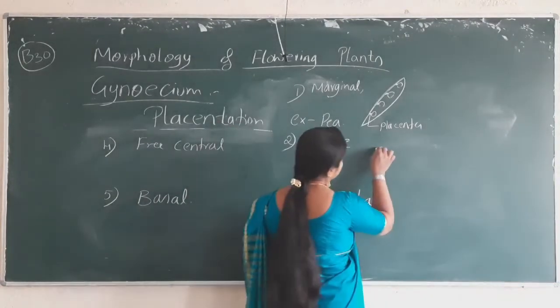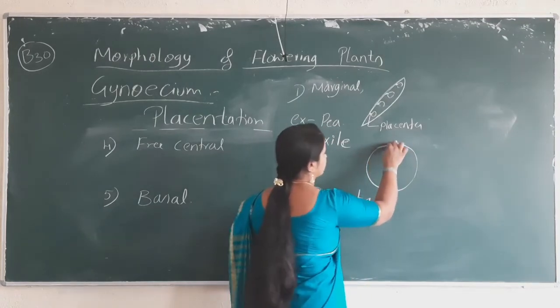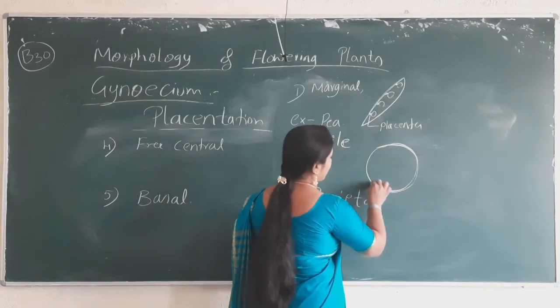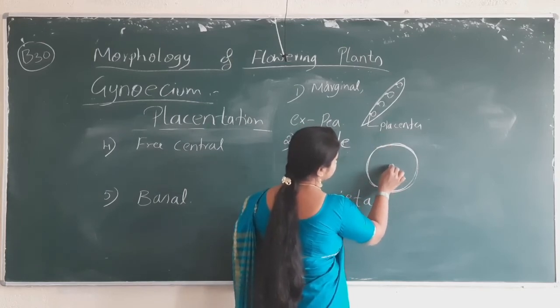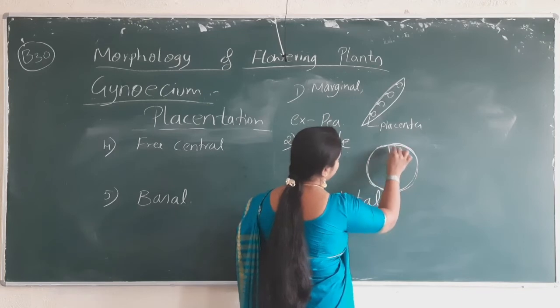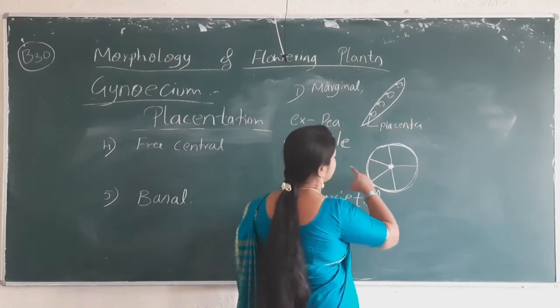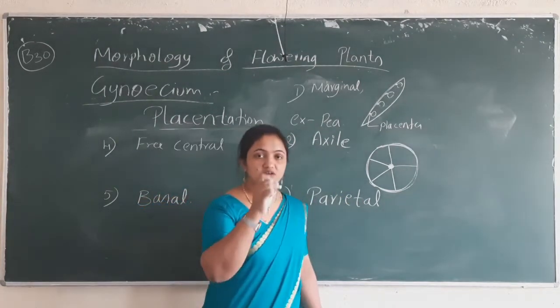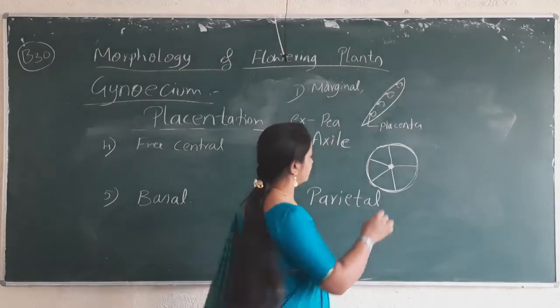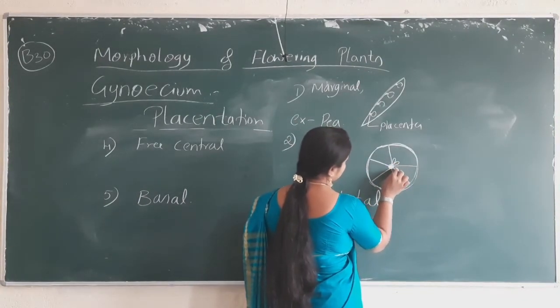Imagine I'm drawing a cut part of the lemon, and it will have a number of ovules inside it. Sorry, I am using the word lemon, but I mean the seed. The seeds will be attached to this portion. Right?